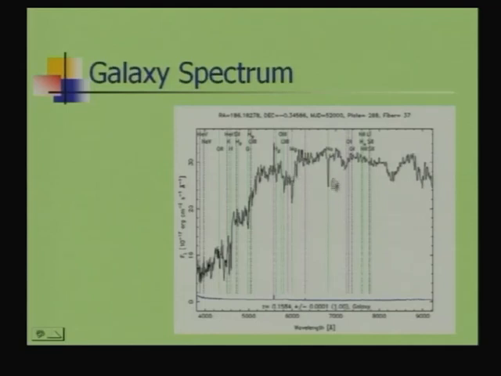Now, you can see that there are very distinct lines in the spectrum, and people who are experts in spectroscopy can identify the lines. So, several lines in this spectrum have been identified.